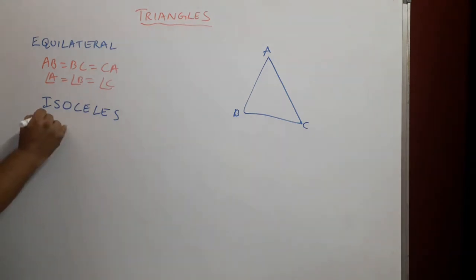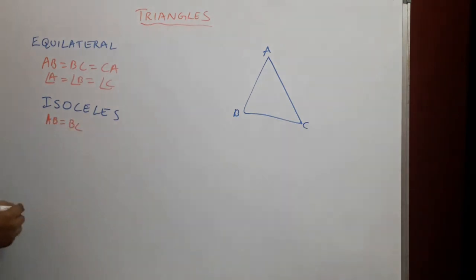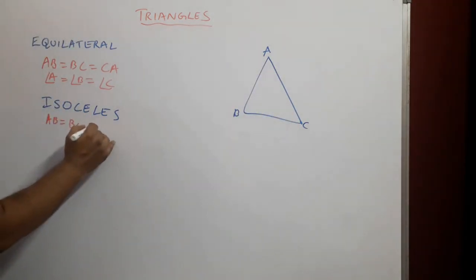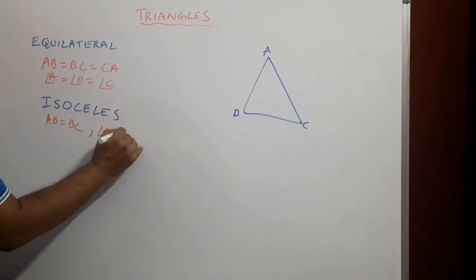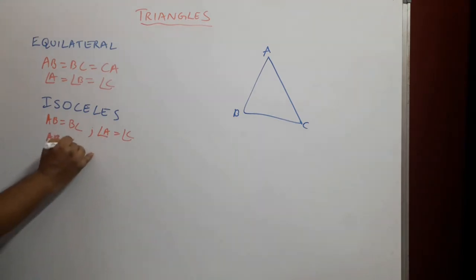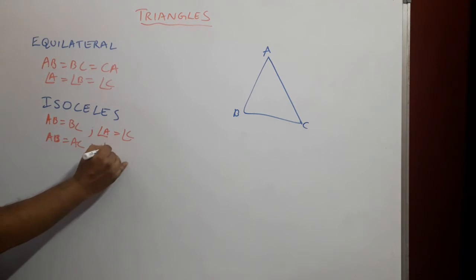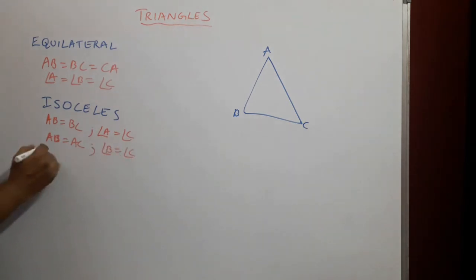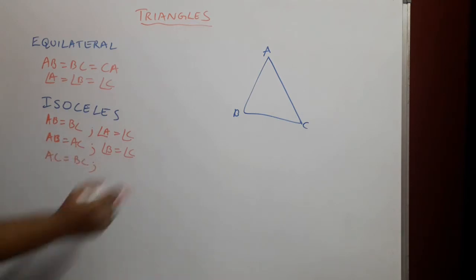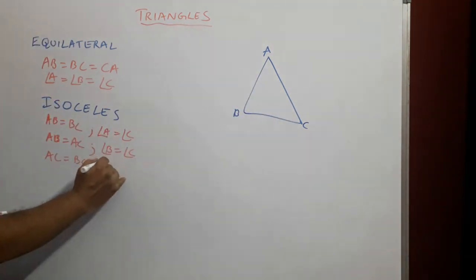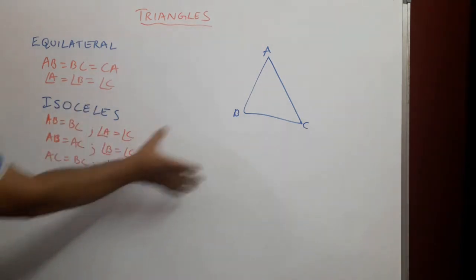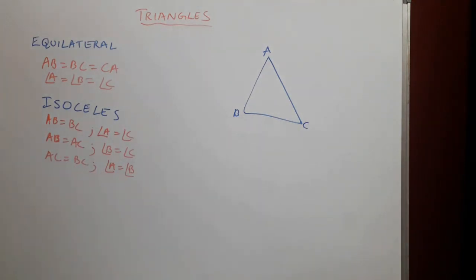If we have AB equal to BC, then these two angles will be equal, so angle A equal to angle C. Or if AB is equal to AC, then angle B will be equal to angle C. Or if AC is equal to BC, that means angle A will be equal to angle B. These are the three possibilities of an isosceles triangle. I'm just exploring the possibilities.